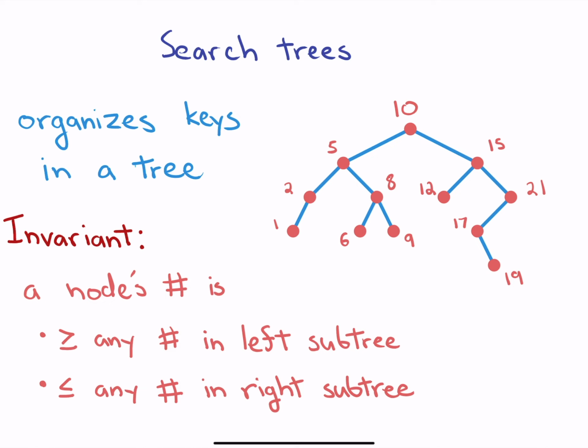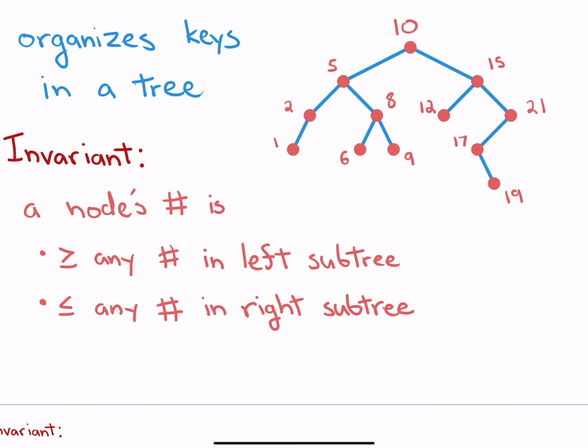I can navigate my way through the tree going left or right, depending on whether it's bigger or smaller. And eventually I'll find the key I'm looking for, or I'll get to the bottom and realize it's not in the tree. Okay, so it's a simple data structure. Left, right, left, right.